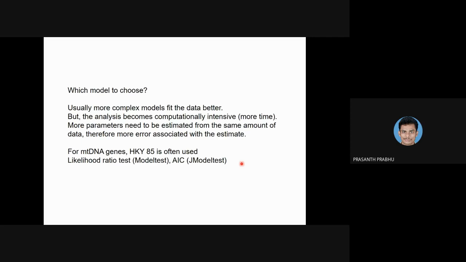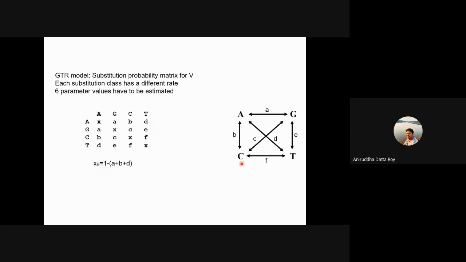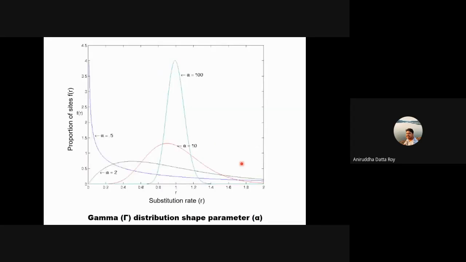Could you explain the shape parameter? Actually, I don't understand these gamma shape parameters completely. Raveen, do you want to talk about it?